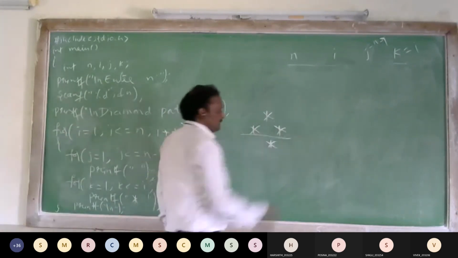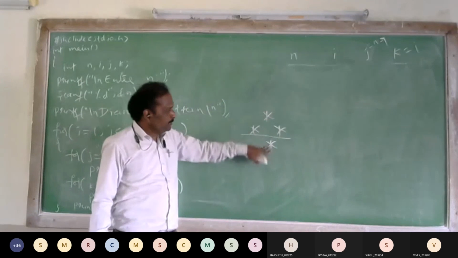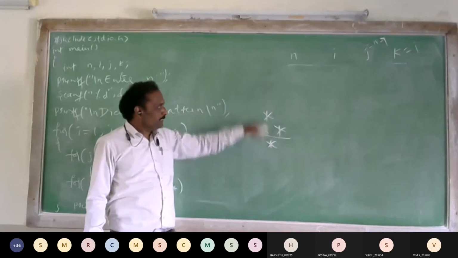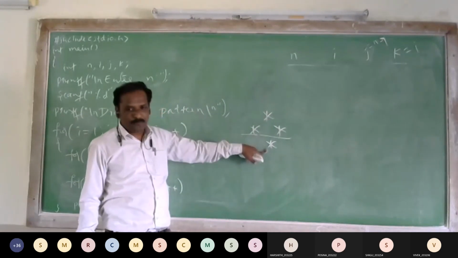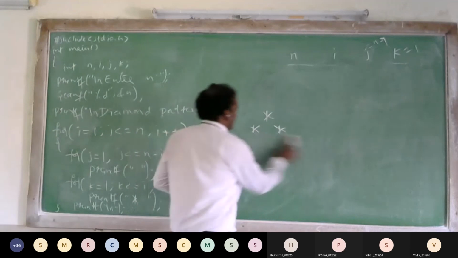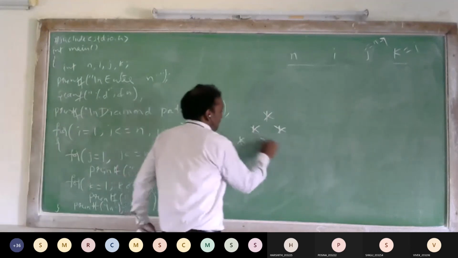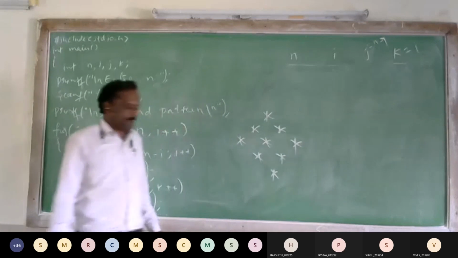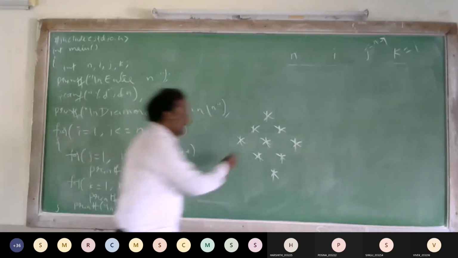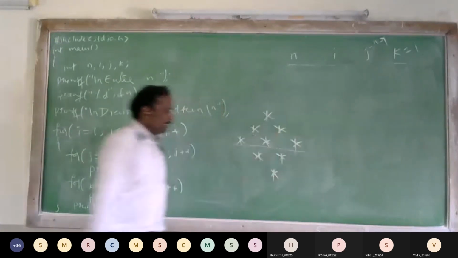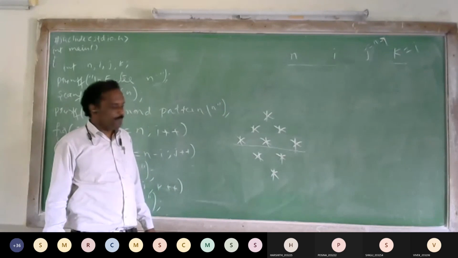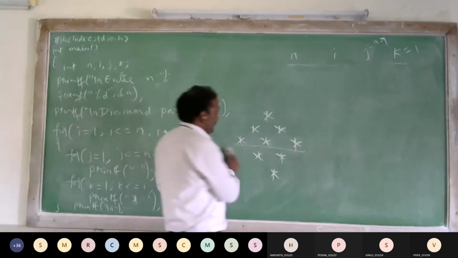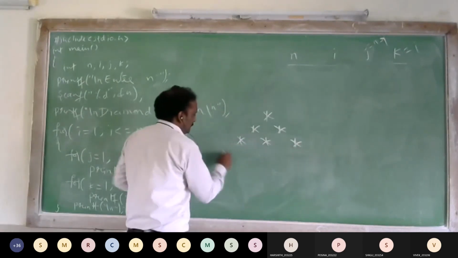We have already done up to this one, so now we have to print only 1 row. If this is the rhombus or diamond symbol, we have already printed 3 rows, so now we have to print how many? 2.